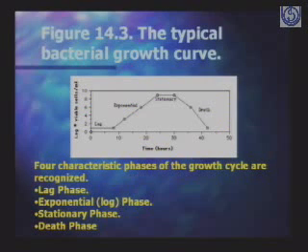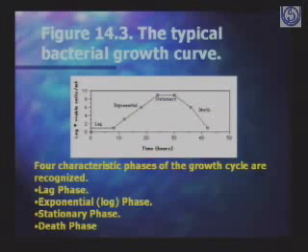Bacterial growth follows a typical growth curve which moves through four phases. First is the lag phase, followed by the exponential phase, then the stationary phase, and finally the death phase. In the lag phase, they are trying to adjust themselves to a new environment. Once they have adjusted, they multiply in an exponential manner.